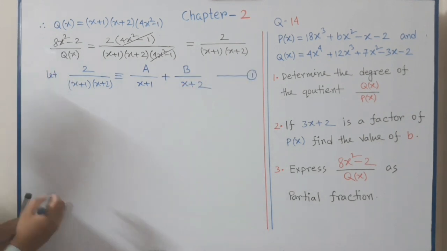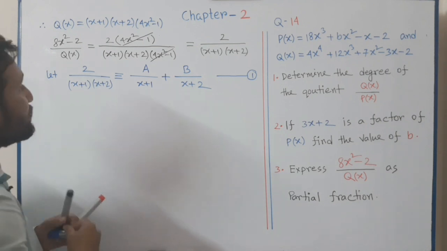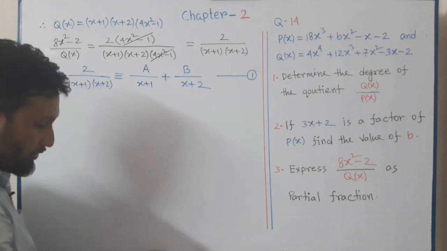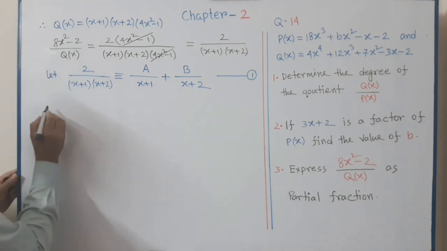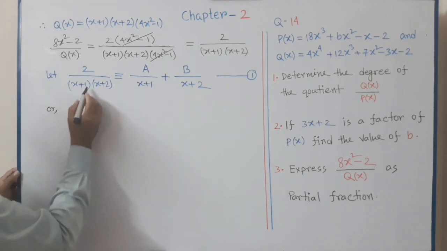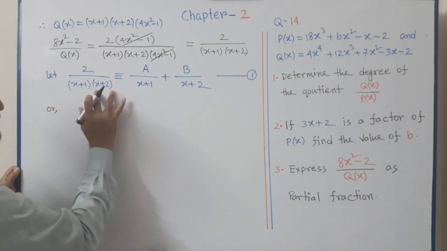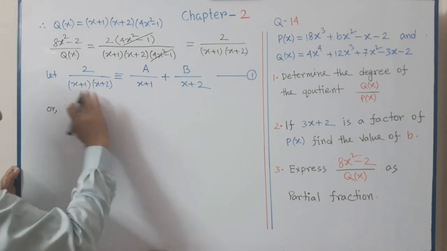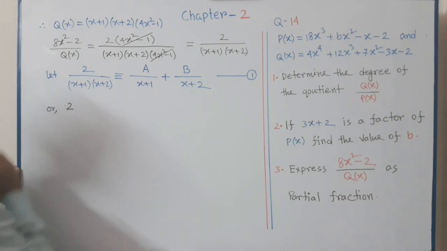Okay, now in identity 1, if we multiply both sides by x plus 1 and x plus 2, then there will be, here see that if we multiply x plus 1 into x plus 2, both x plus 1 and x plus 2 are cancelled, so here only 2 exists.